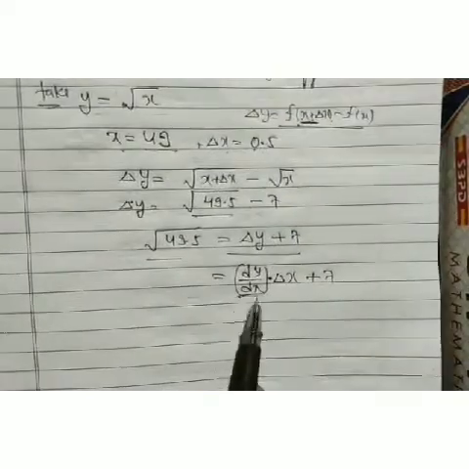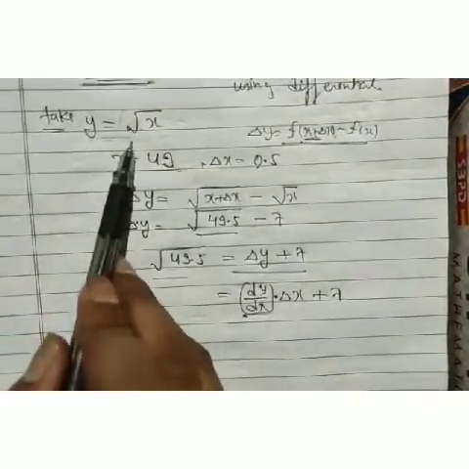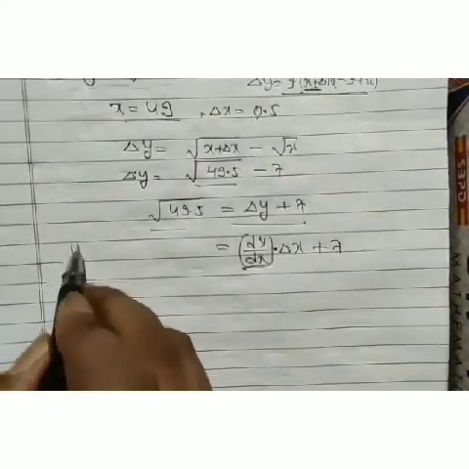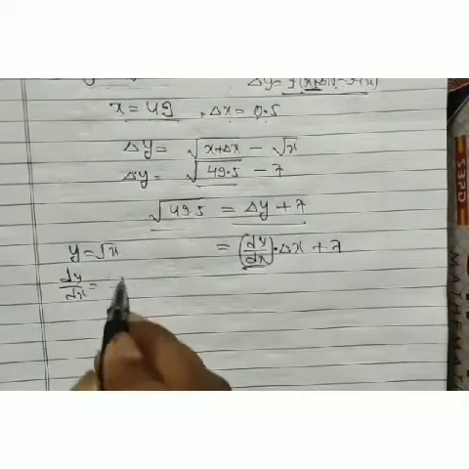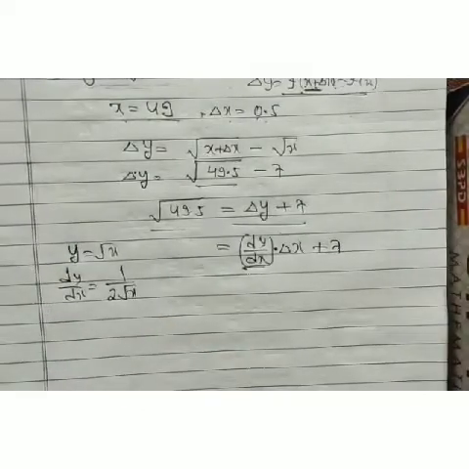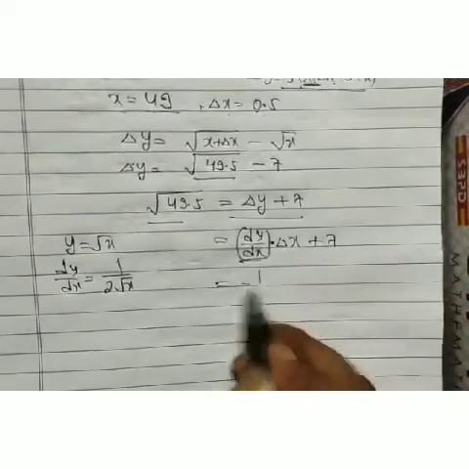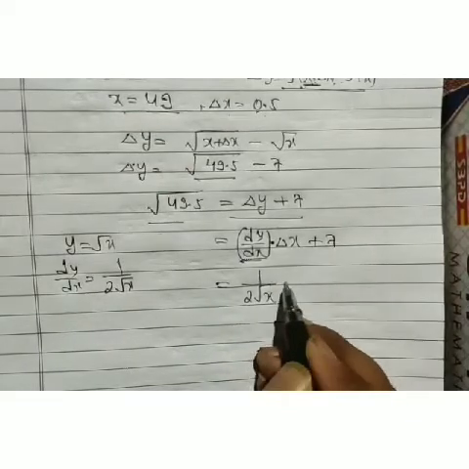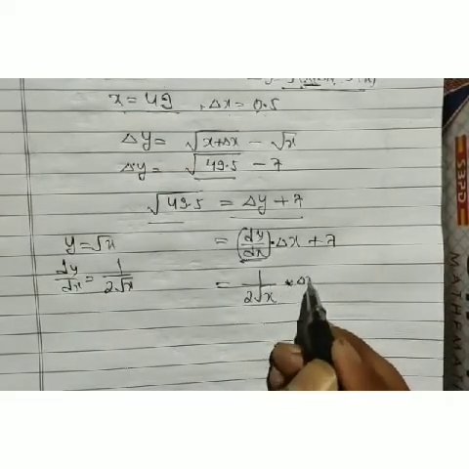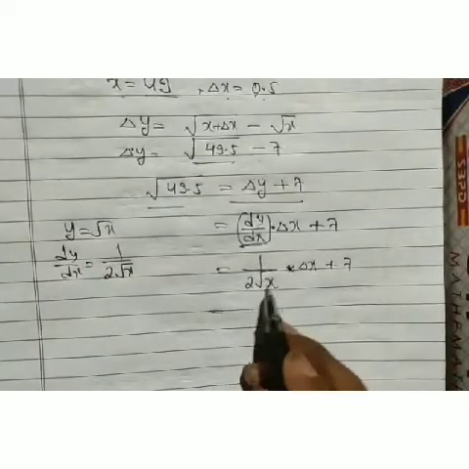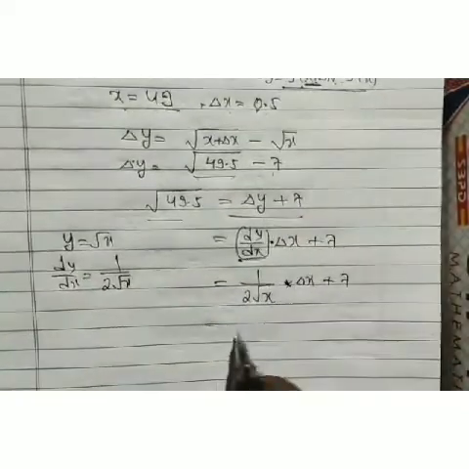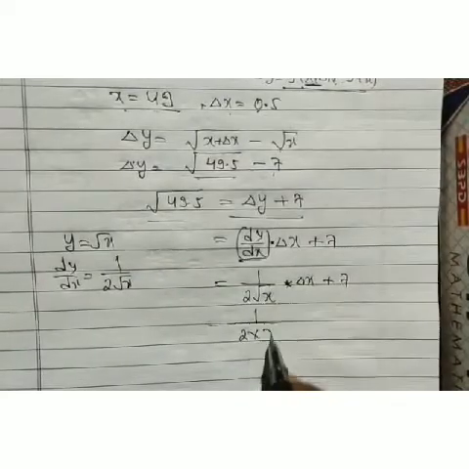Now what is dy/dx? Our y is root x, so the derivative of y is 1 upon 2 root x. Now 1 upon 2 root x into delta x, plus 7. What is the value of root x? It's 7, so it's 1 upon 2 into 7.